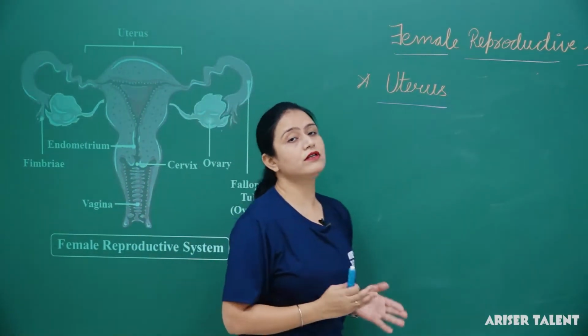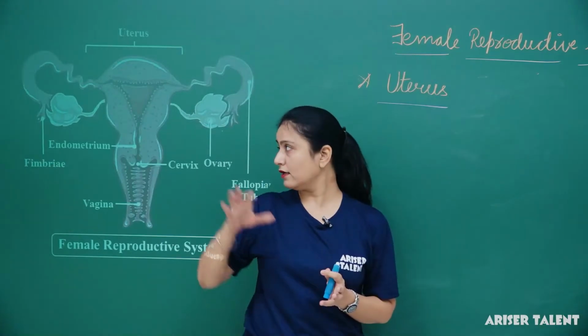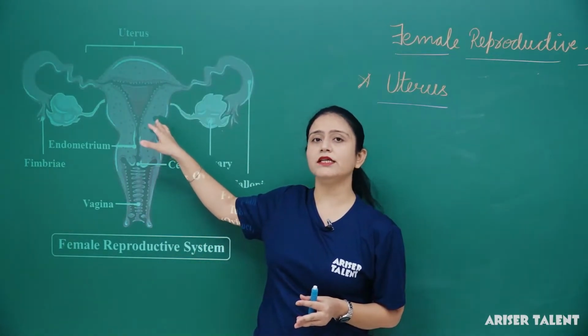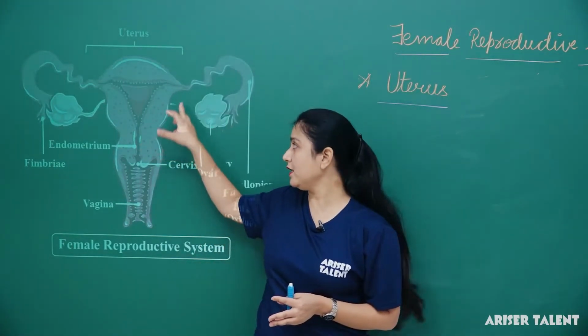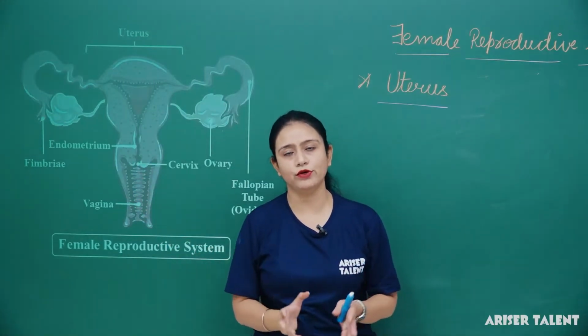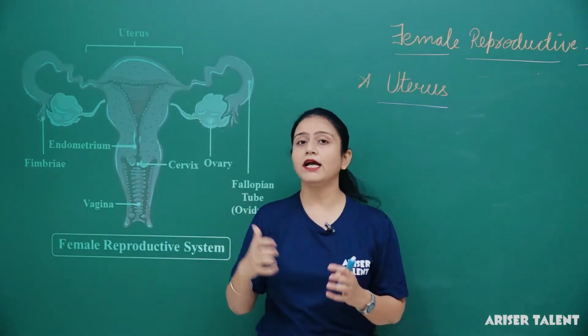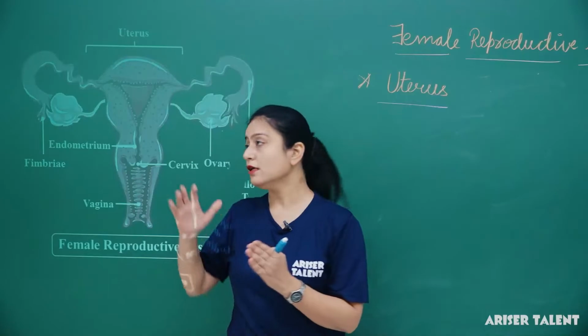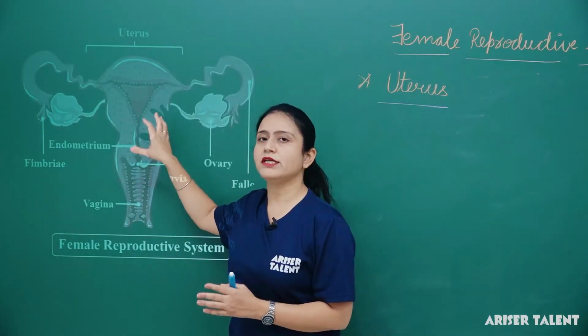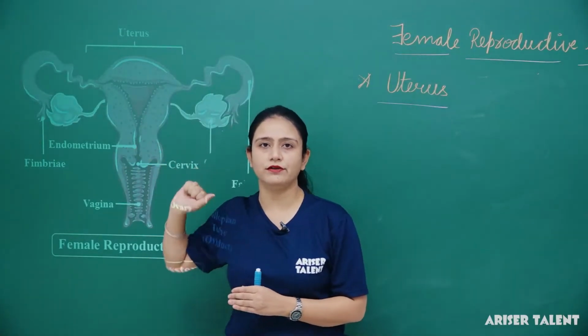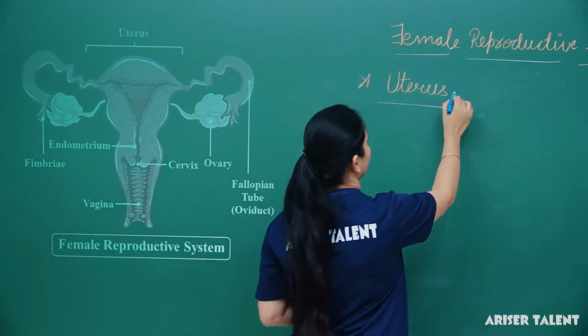After the fertilization, the egg comes here in the uterus and gets embedded in the wall of the uterus, gets nutrients from this wall and grows here till the birth of the child. Let me tell you about the uterus.